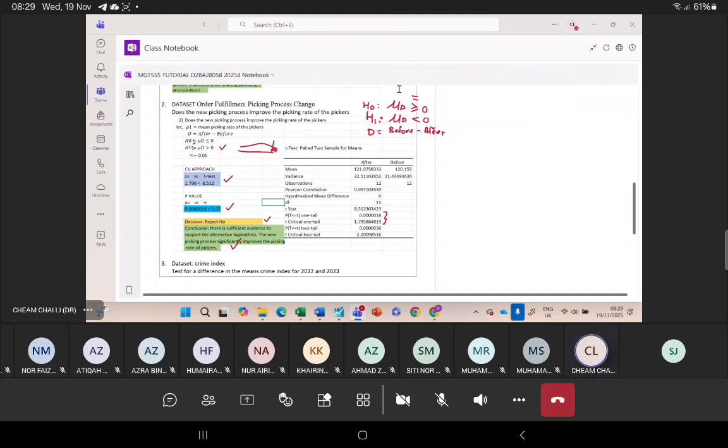If the other group defines it as before minus after, you'll find that the t-test value is the same, 8.51, except it has a negative sign in front. That is the only difference. Any questions? Can we move on?